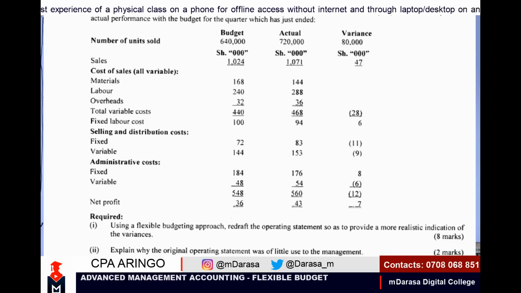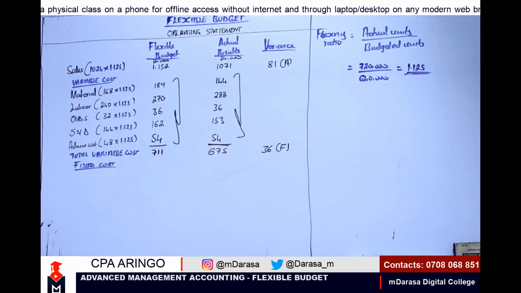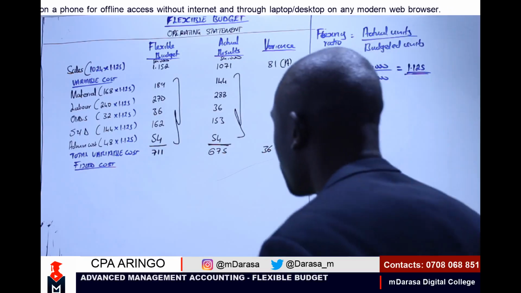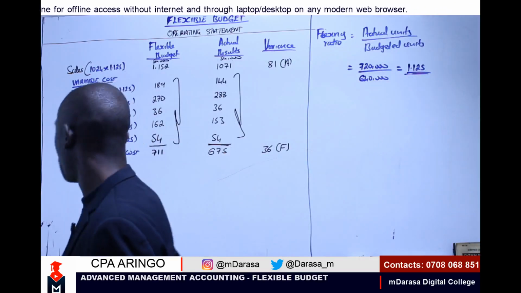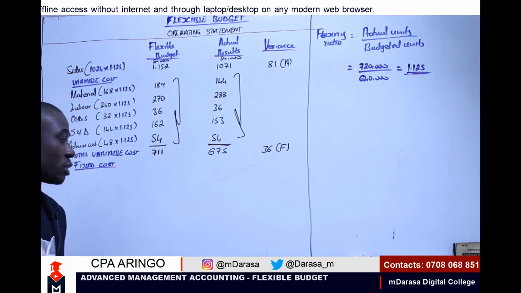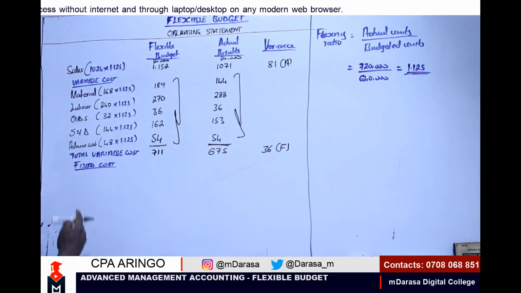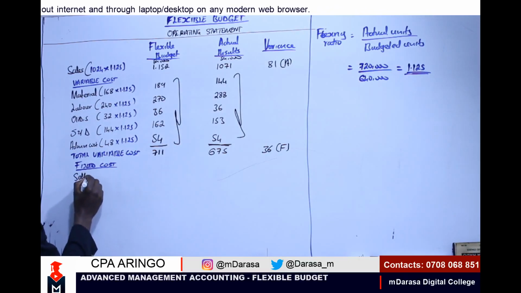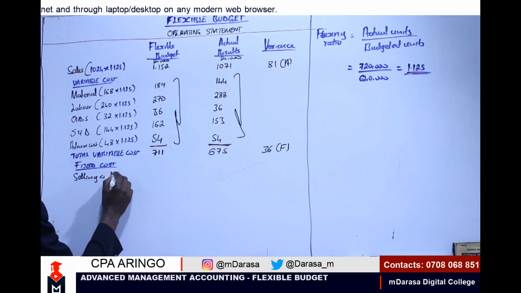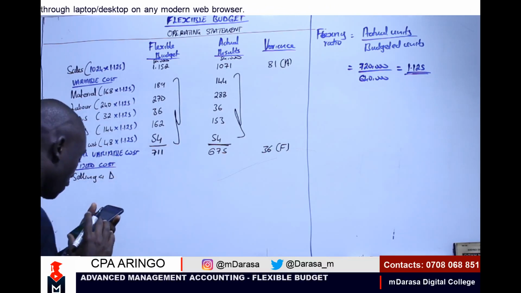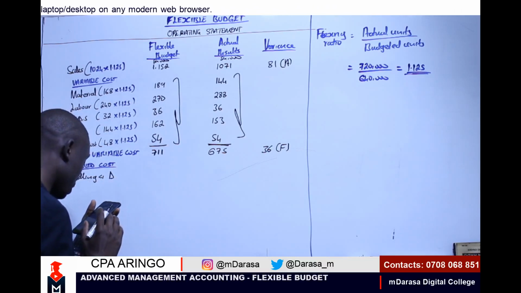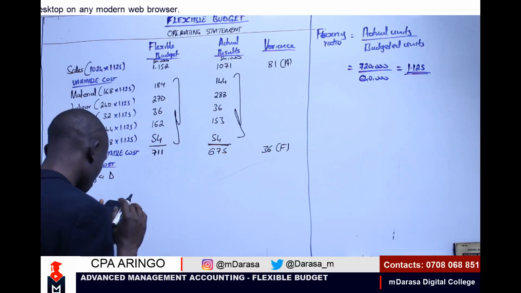So I should be talking of selling and distribution, an aspect of admin. So fixed, talk of selling and distribution cost. I was given a figure of how much for fixed? I was given 72.